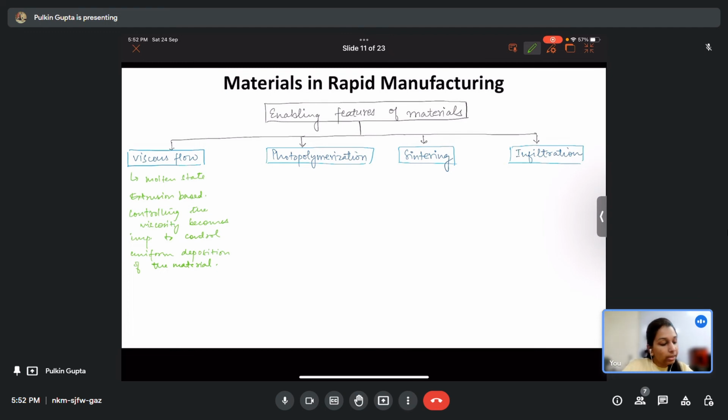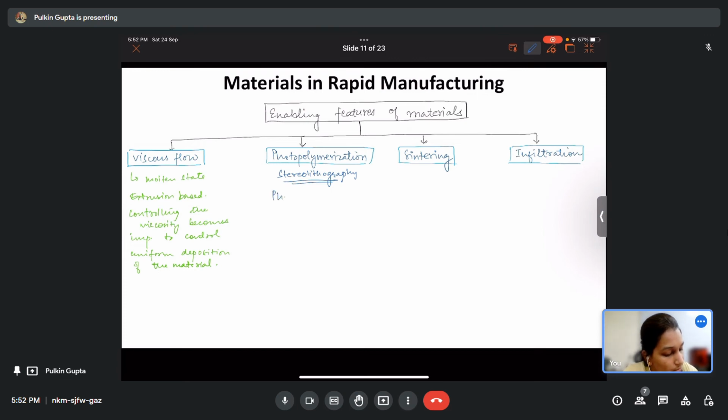Okay. Then we have photopolymerization, which is basically employed in stereolithography processes, wherein some photoinitiators initiate the polymerization reaction on interaction with UV light.